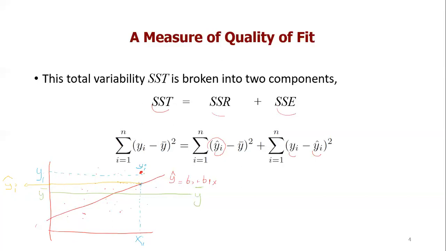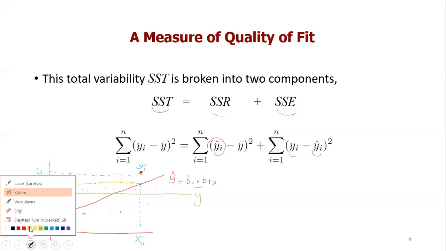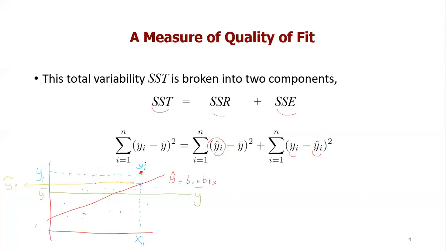So what we look at is that we distribute the distance between what we observe. Let me take another color. This is what we observe here, yi. The distance between these two is yi minus yi hat, and this one is the distance between yi and y bar.